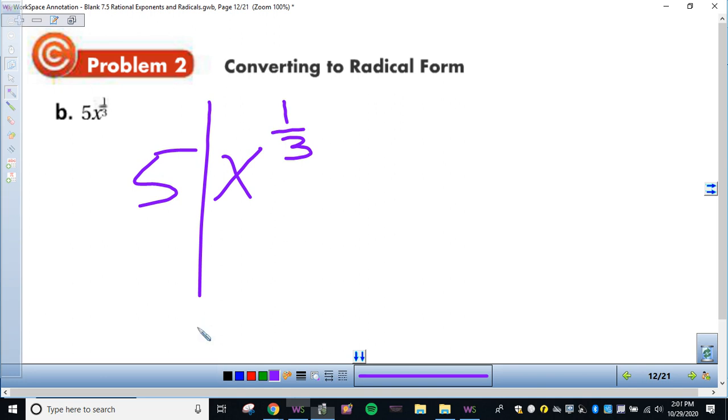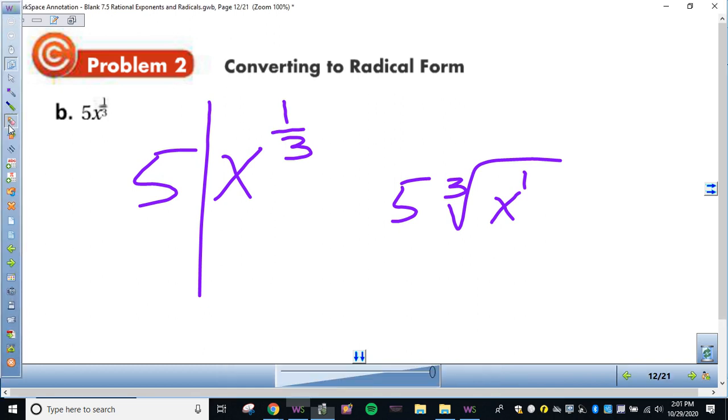Yeah, 5 outside the radical, and 3 inside. Do you want me to write what you're saying? 5 outside of the square root, and then put a theory inside, that little thing, but X versus just X. X to the first is just X. In the book, they definitely won't write the little one right here.